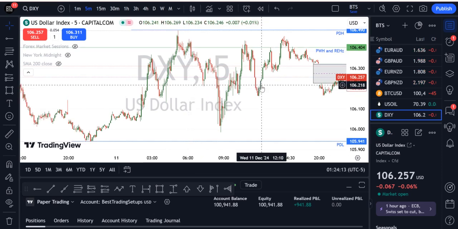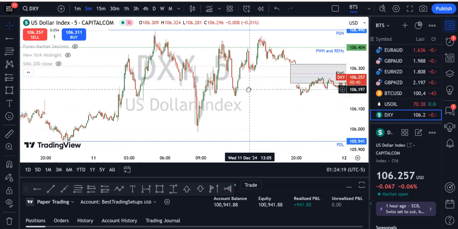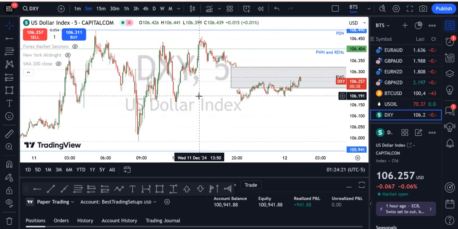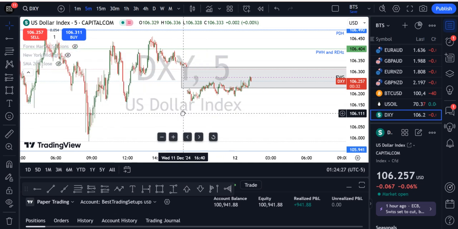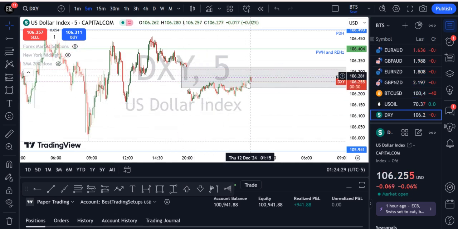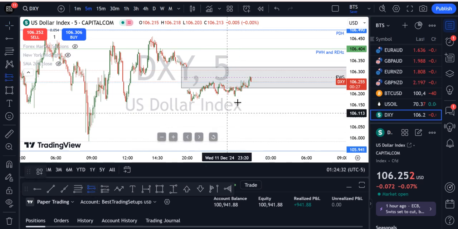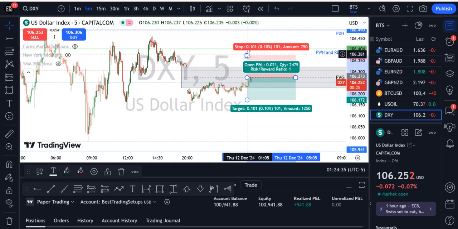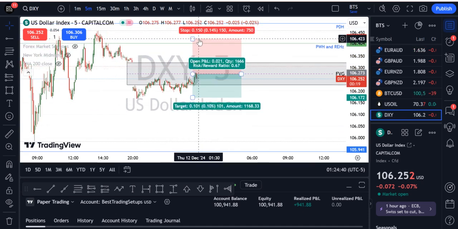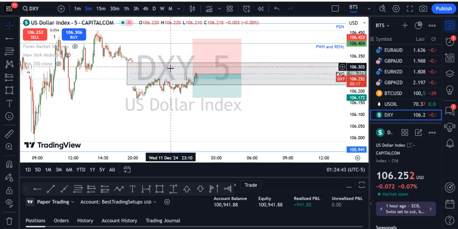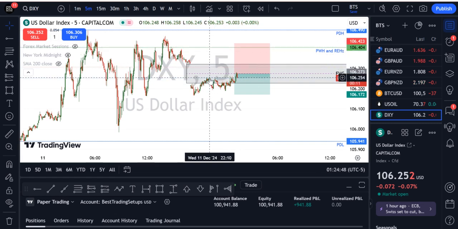And if you do your analysis very well on DXY, then it should correlate well with the other dollar pairs. As you can see, we've created a fair value gap. This is okay for me because I don't want to see price come above this region. We should have something like 150 ticks for a stop loss. If price comes above this region, then surely we are going to go bullish.